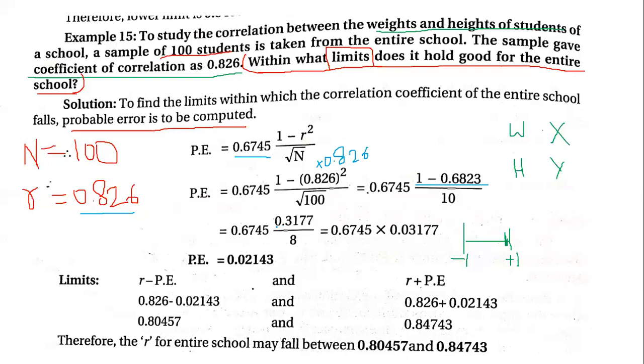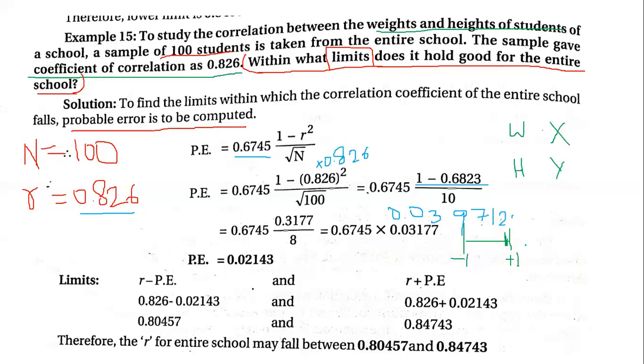Fine. So now the next value is 0.6745 into 0.3177 divided by 8. There is a little mistake here. This is supposed to be 0.039725.